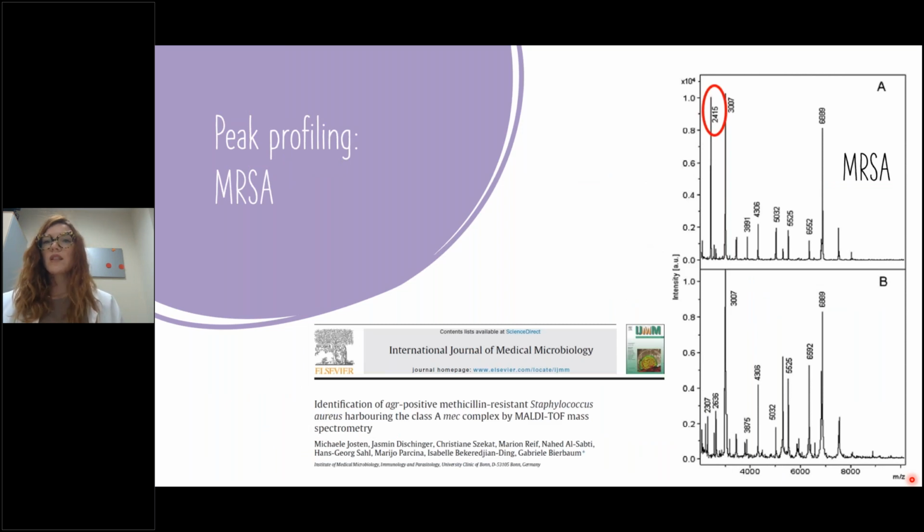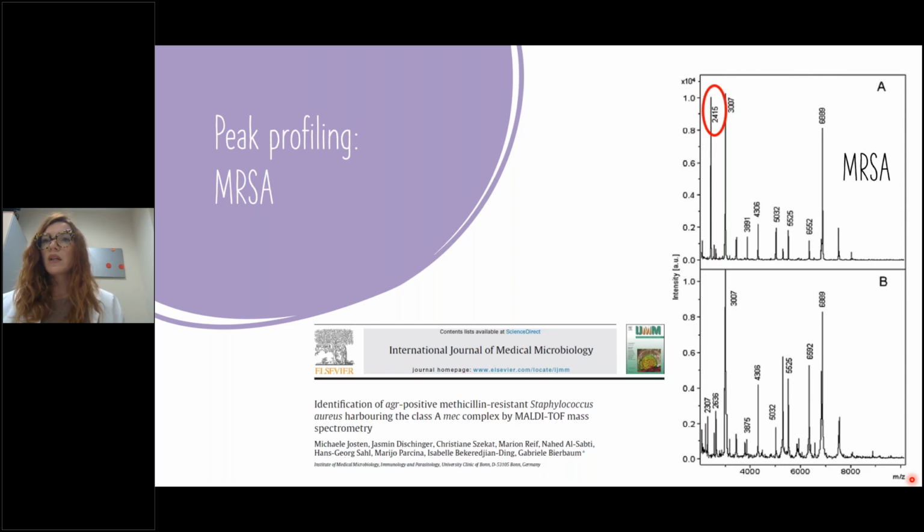Another different approach is peak profiling, which is in line with what Belen told you before in her talk. You measure the bacterial proteome, compare susceptible and resistant isolates, and focus on finding peaks that are different in both populations.